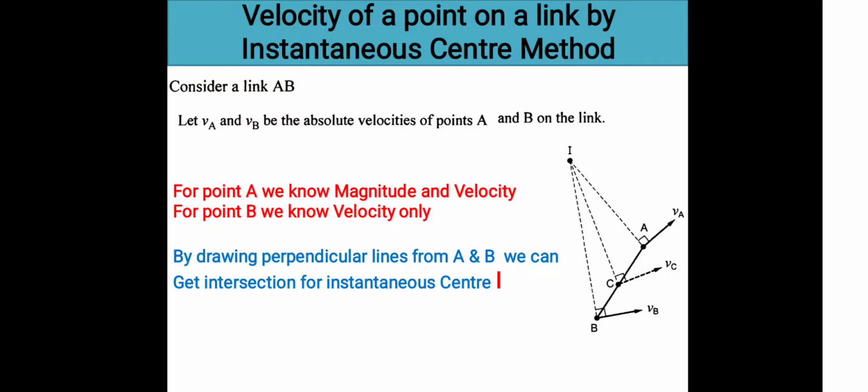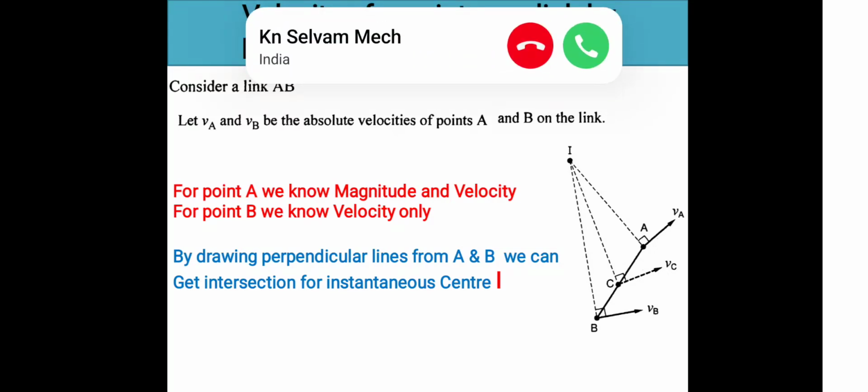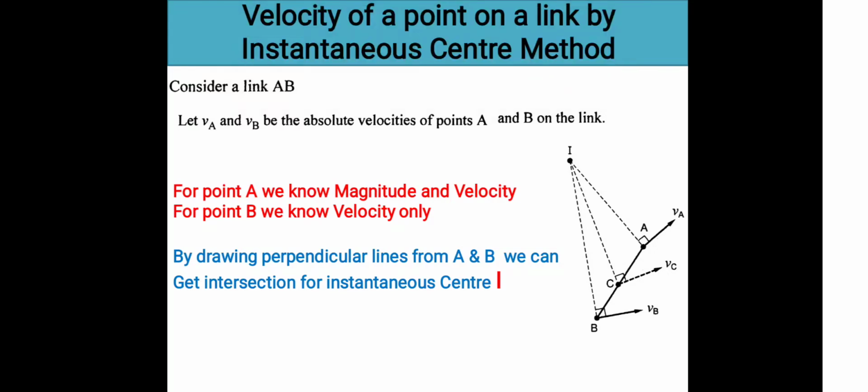Let the velocity of point A be VA and the velocity of point B be VB. At point A we know the magnitude and direction of velocity, while at point B we know the direction only. By drawing perpendiculars to the velocity directions at A and B, we can get the instantaneous center.